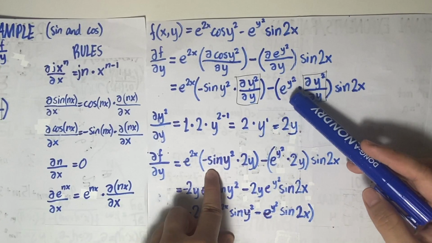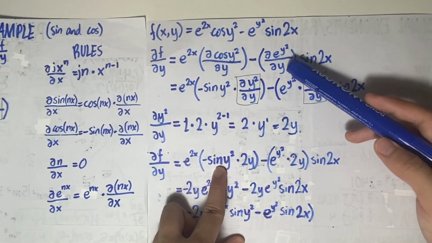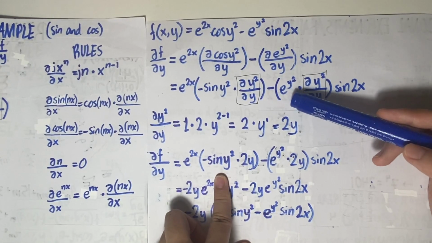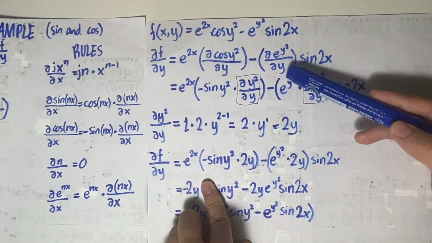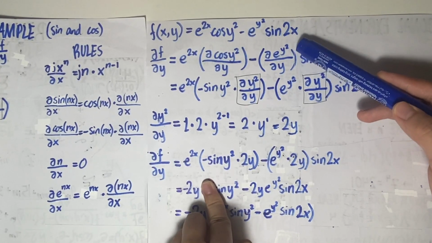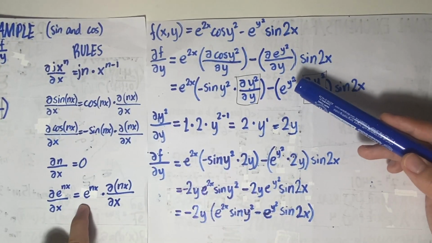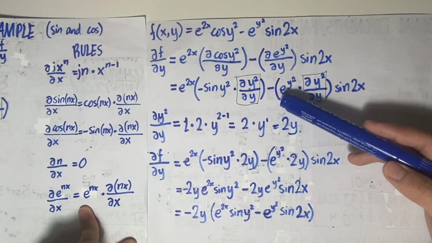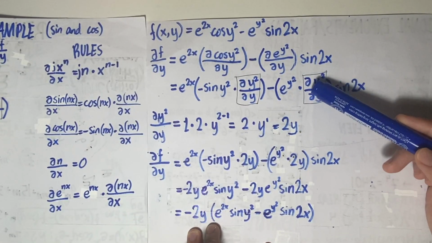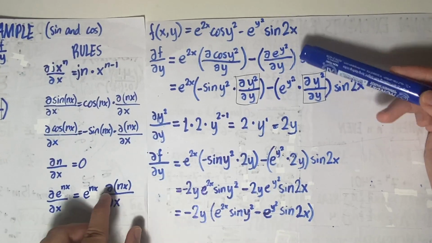Okay, and then we follow our differentiation rule for e. So it's e to the power of y to the power of 2. Following this rule, we simply write e to the power of y to the power of 2 times the derivative of e's power over here.